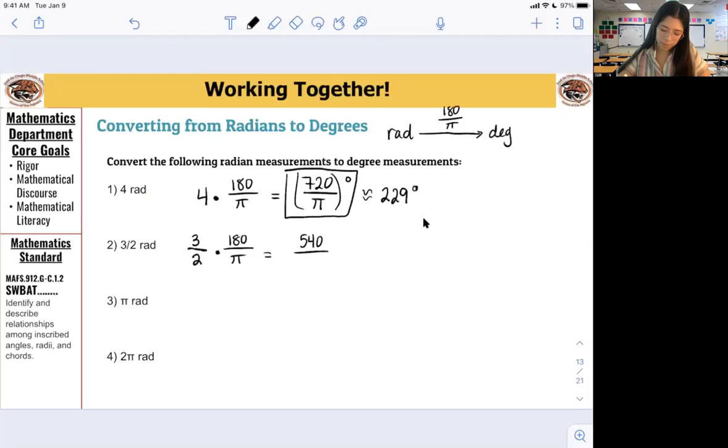So this is 540 over 2 pi. Well, we can just simplify this by dividing. What's 540 divided by 2? I got 270. Wait, what? I'm confused now. Wait. Let me just go back.